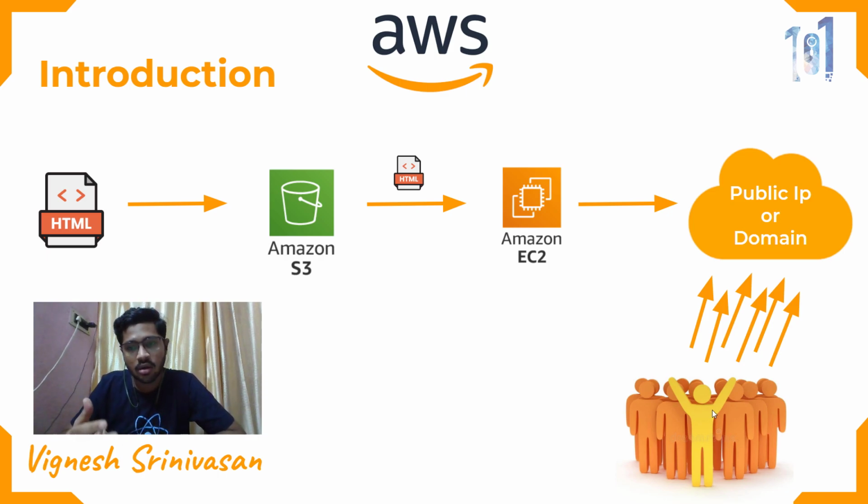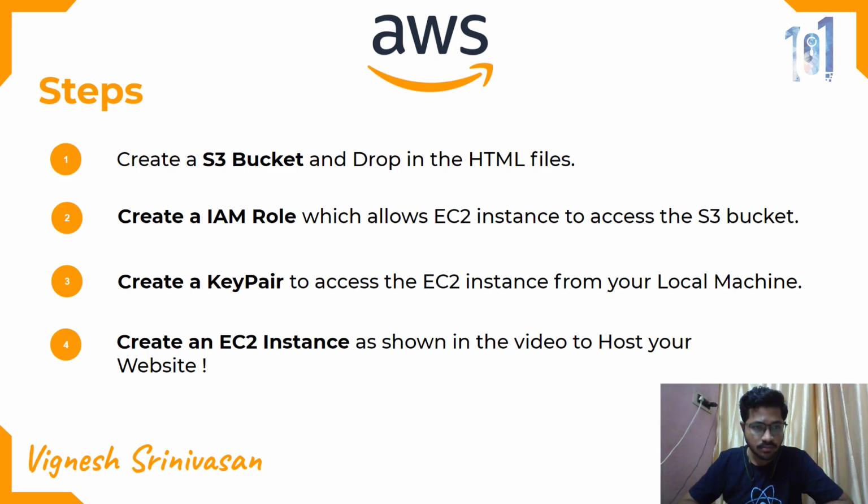Then the Amazon EC2 instance that we are going to build will get the required HTML files from the S3 bucket that we have created. From there, it is very easy to access the website with the public IP or the domain. So let's see the steps involved, and let's start the process without further ado.